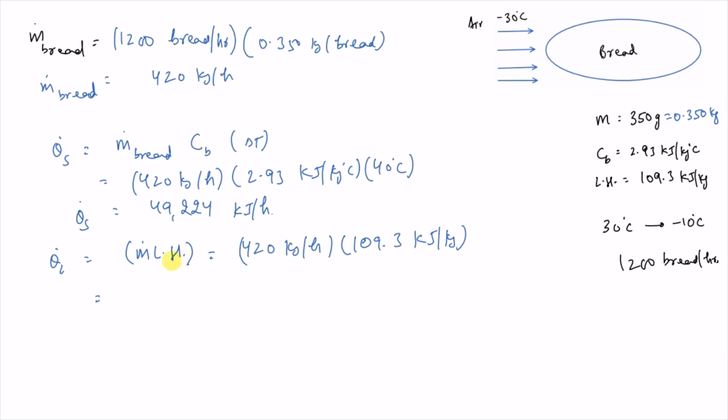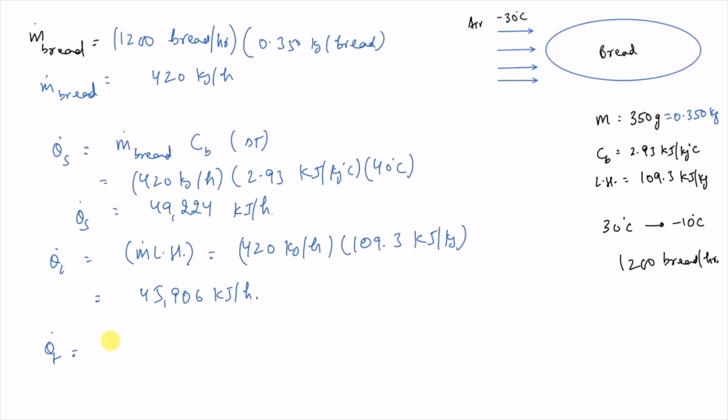So we'll get the value of QL dot as nearly 45,906 kilojoule per hour.